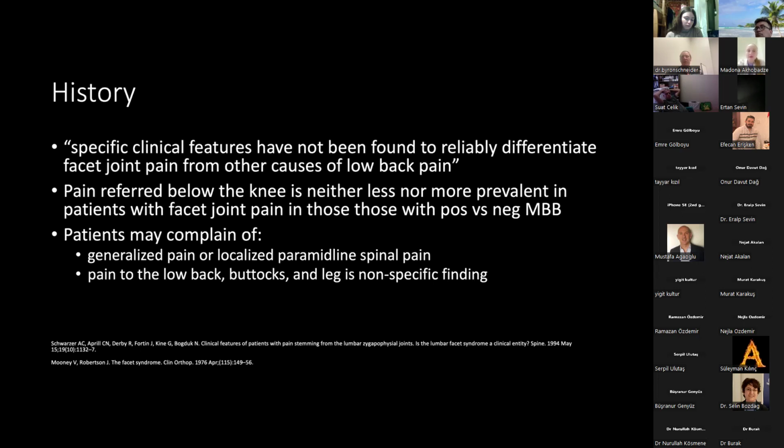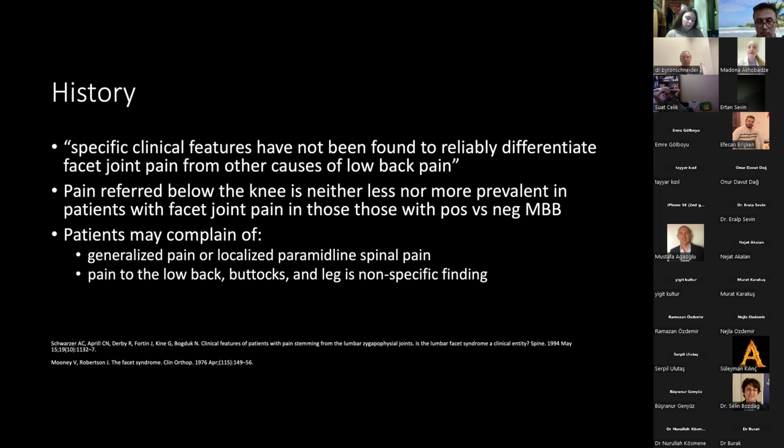So it's a very common thing for us as physicians, obviously, to want to know how we diagnose things. And we're all taught the tenets of using history and exam, and then other tests such as imaging to make a diagnosis. And this is probably what makes diagnosing facet pain so challenging, is that when people have studied this, Dr. Schwarzer is another physician out of Australia, I believe, we have a lot of trouble finding reliable predictors of facet pain.